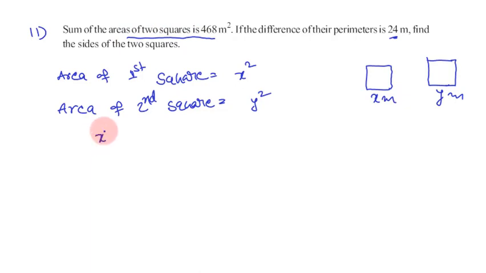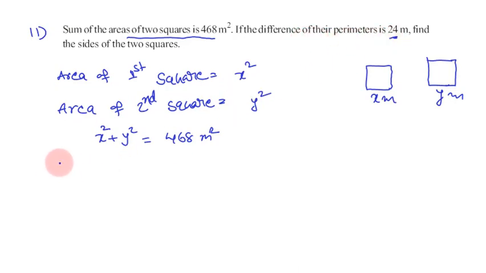As per the question, the sum of the areas of two squares is 468 meters square. That means x square plus y square is equal to 468 meters square. Then they have given that the difference of their perimeters is 24.